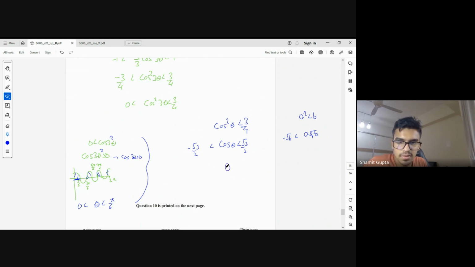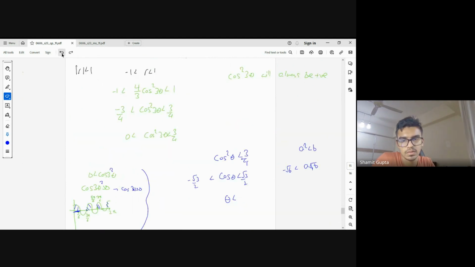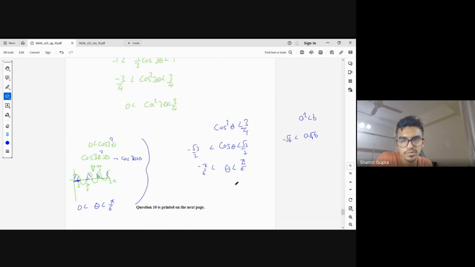So in this case, theta will be cos inverse of root 3 over 2, which is 30. And they want it in radians, so pi over 6, negative pi over 6. But theta can only be greater than 0. Oh yeah, it works both ways. So 0 is less than theta, less than pi over 6.